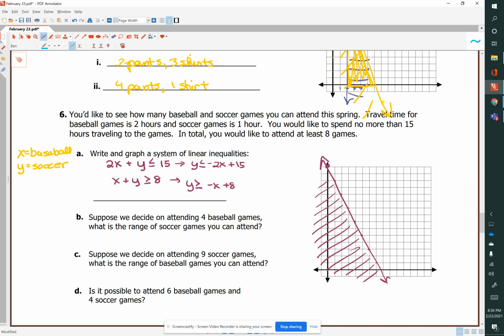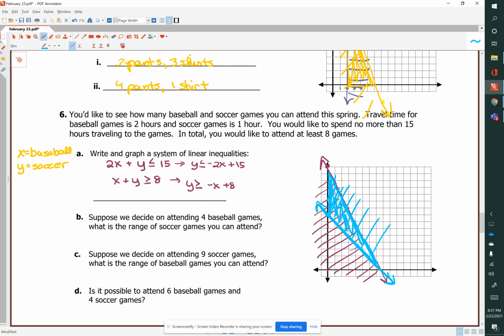Let's find another color. So our y-intercept is 8, 2, 4, 6, 8. We have a slope of negative 1. I'll draw our solid line. Okay, so here's our solution area, graphing above the line for the second line.